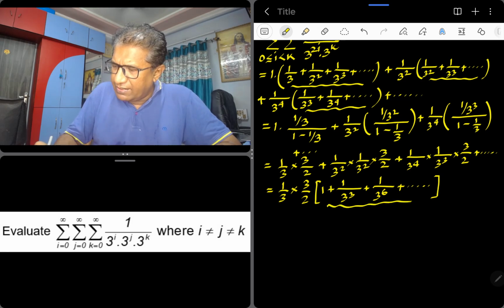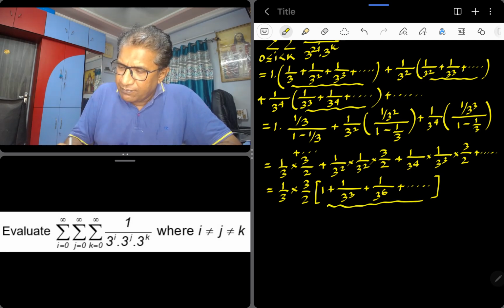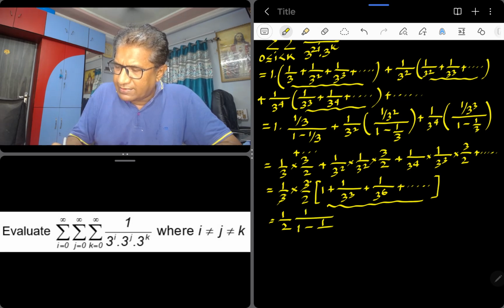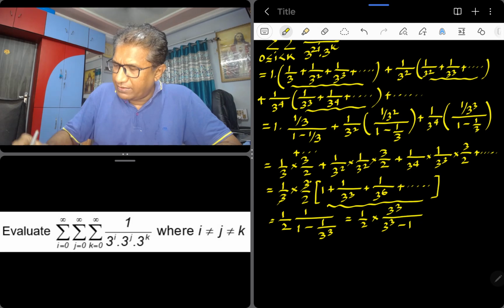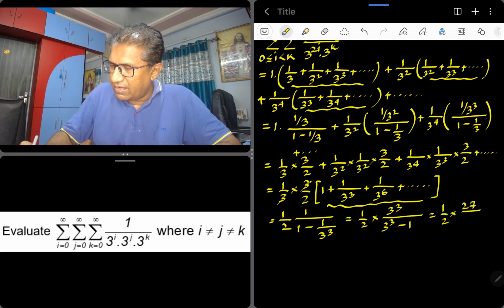Again, this is a GP series, infinite GP. This I can cancel. So outside we are having half, and inside we are having a divided by 1 minus r. So we are having half into 3 cube divided by 3 cube minus 1, which gives us 1 by 2, 27 over 26, right?